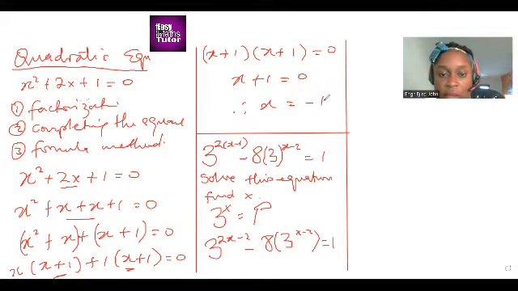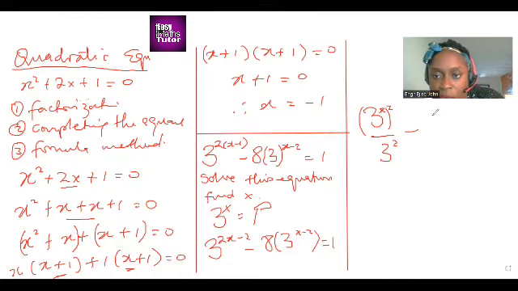Using our laws of indices, we'll have 3 raised to power x, squared, divided by 3 raised to power 2. Remember the negative law. Minus 8 times 3 raised to power x, all over 3 raised to power 2, equal to 1.